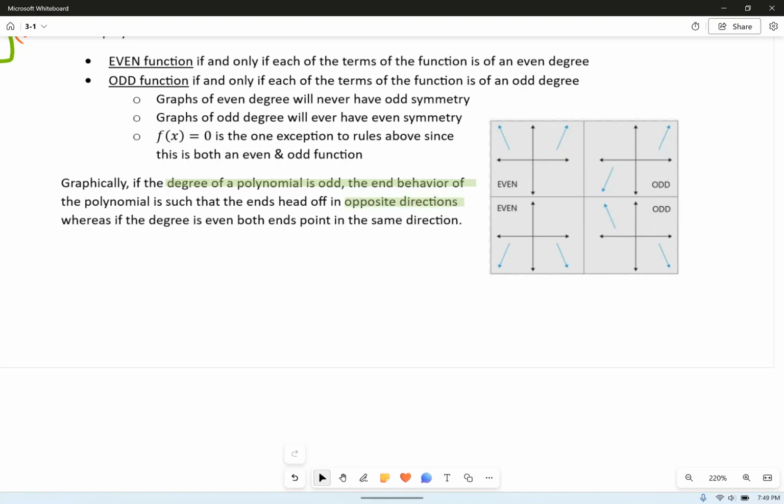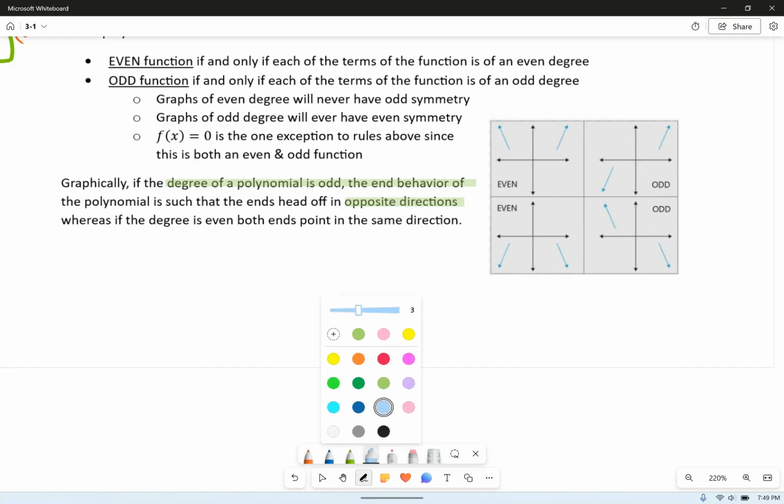Now, if it is even, I did it again. That's okay. If it is even, we know that the ends are going to point in the same direction, right? Here's that word again that I'm talking about. It's same, right?